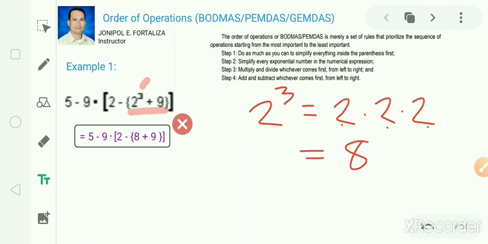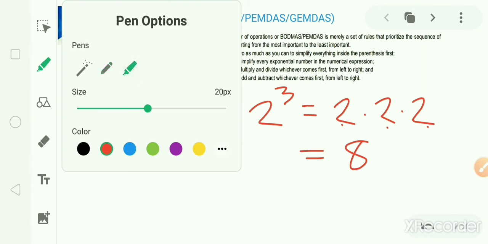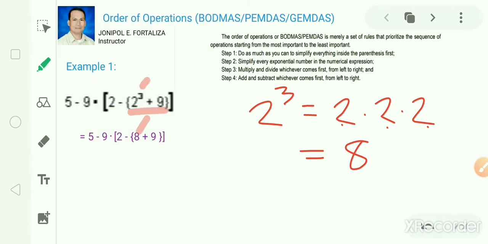Okay, we have here the solution. So the 2 cubed becomes 8, as you can see there. And then focusing here again, we're still on that grouping symbol.